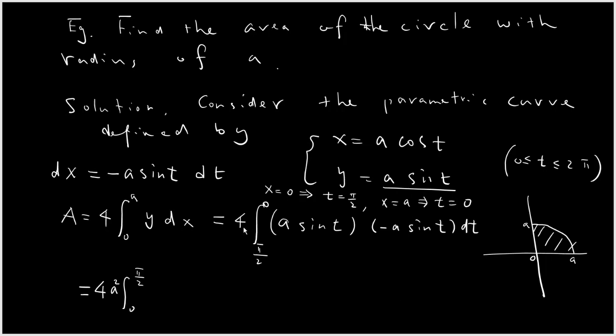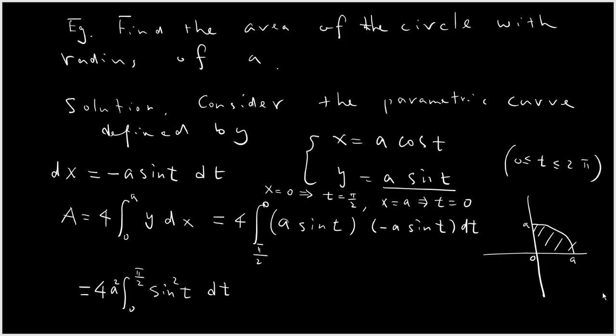Now look at the mouse cursor. You have 4, you have 2 factors of a, you leave out 4a squared. You end up with the integral of sine of t, the whole thing squared. The answer to that will give you the area of a circle with the radius of a.